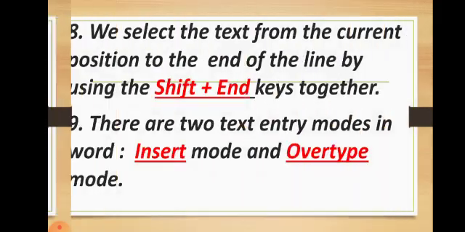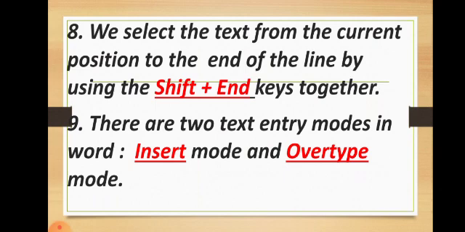Okay. Next one, eighth. We select the text from the current position to the end of the line by using the dash keys together, the Shift key plus End key together. When you press the Shift plus End keys together, what will be the result? You will be able to select the text from the current position to the end of the line.